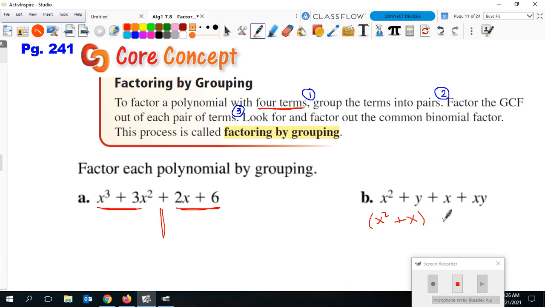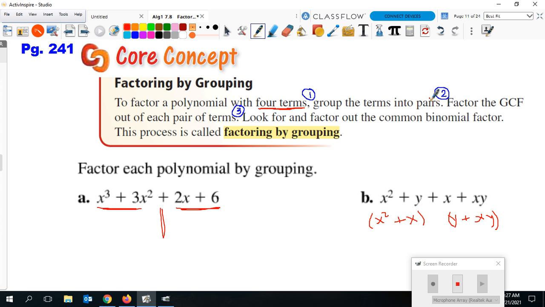So we put the y and then the xy, or you could do the xy first, then the x. Those should be grouped together too, because there's something in common between those with the y's, and something in common here with just x's. So that's why we can do something like that.